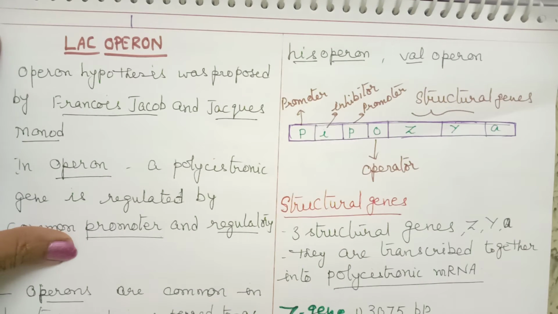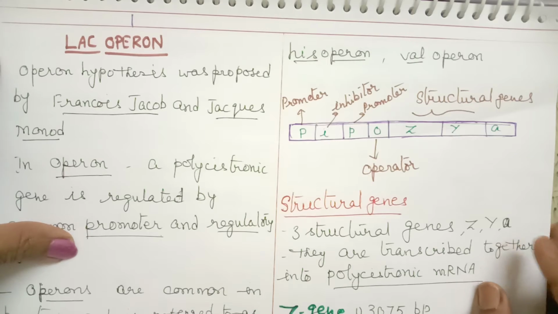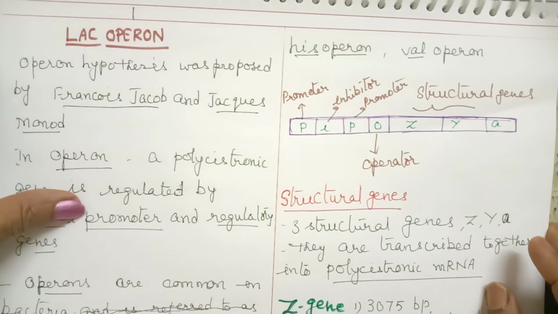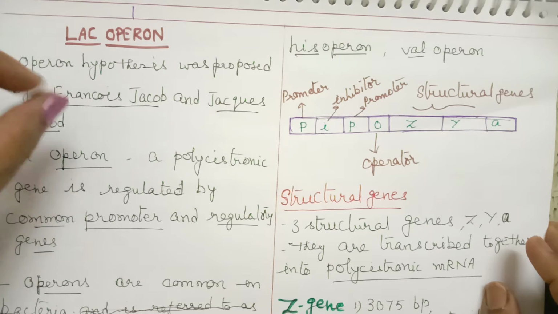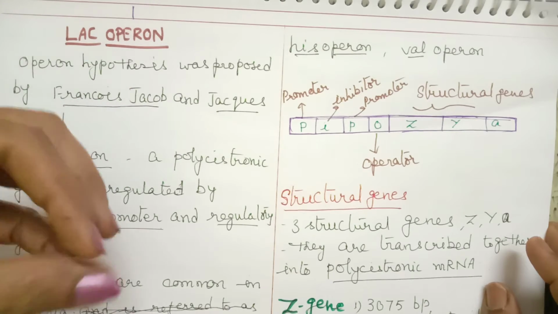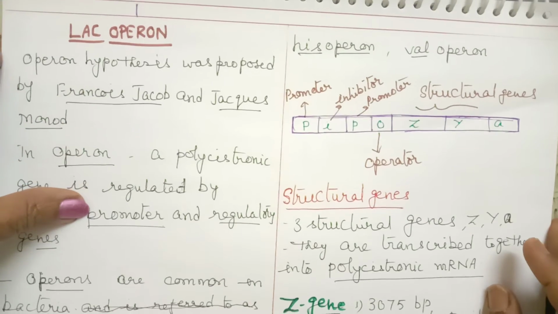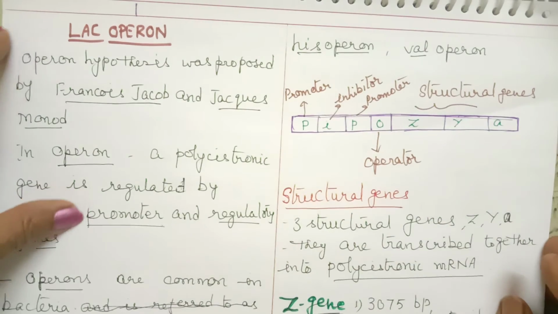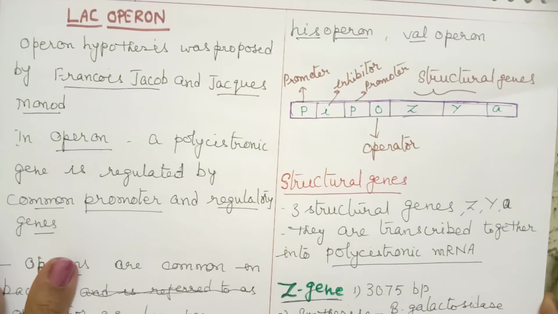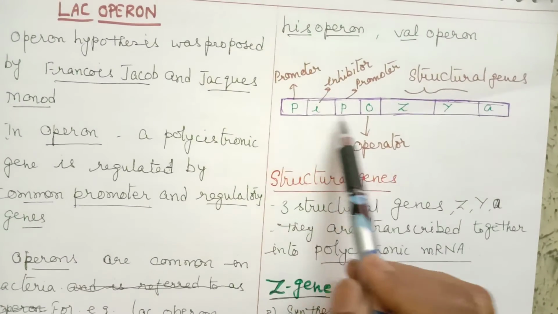Arabinose is a sugar, and its operon is for breakdown. These metabolic processes are controlled by a cluster of genes, together called an operon. The name is derived from operator and regulator system, and the concept is called the operon hypothesis.